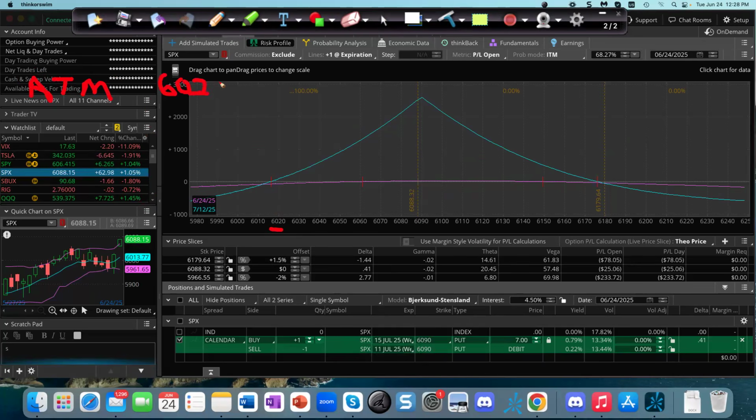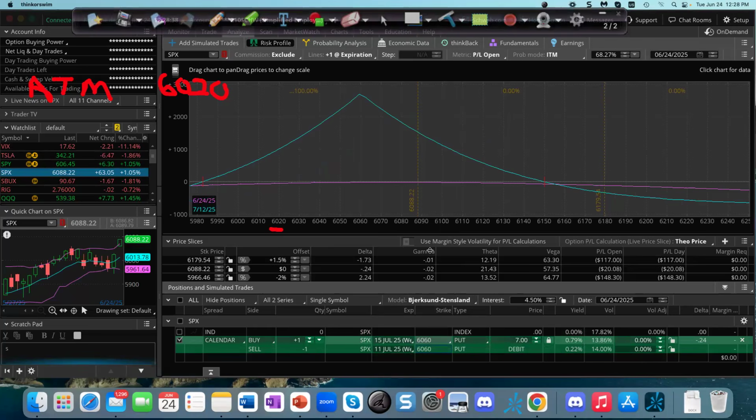Well, what if I want to try to have my cake and eat it too? Dan, what do you mean? What if I place it instead of at the money, let's say at 60.60? 60.60 is 28 points underneath the market.